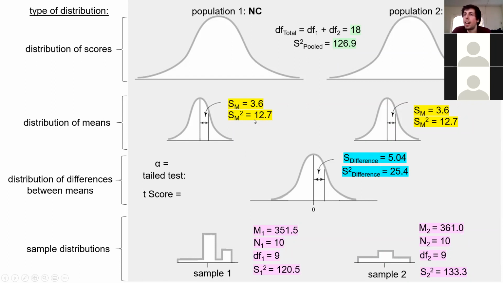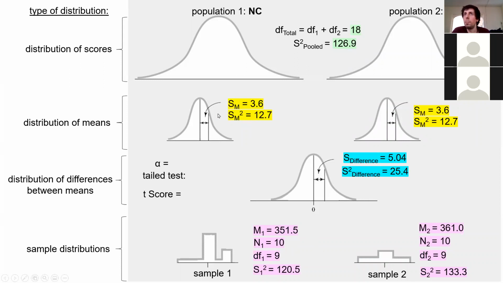And that's simply a consequence of the fact that when you compute the variance of a distribution of means, you divide by n, which definitely gets you a smaller number. So in this case, it's about 126.9 divided by sample size of 10, and that's why you get that.